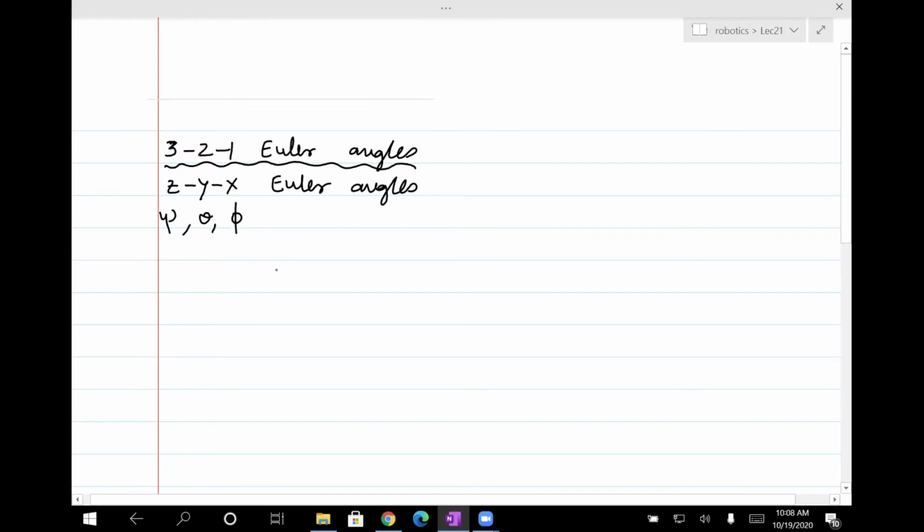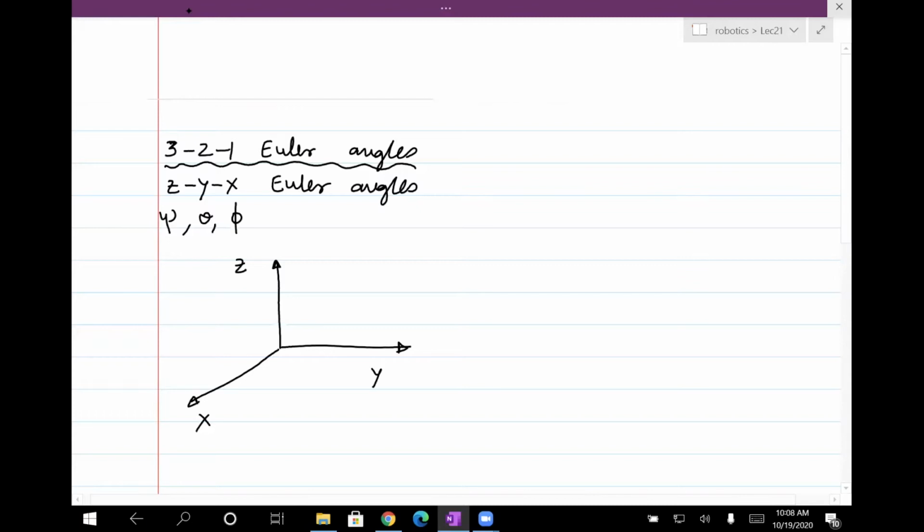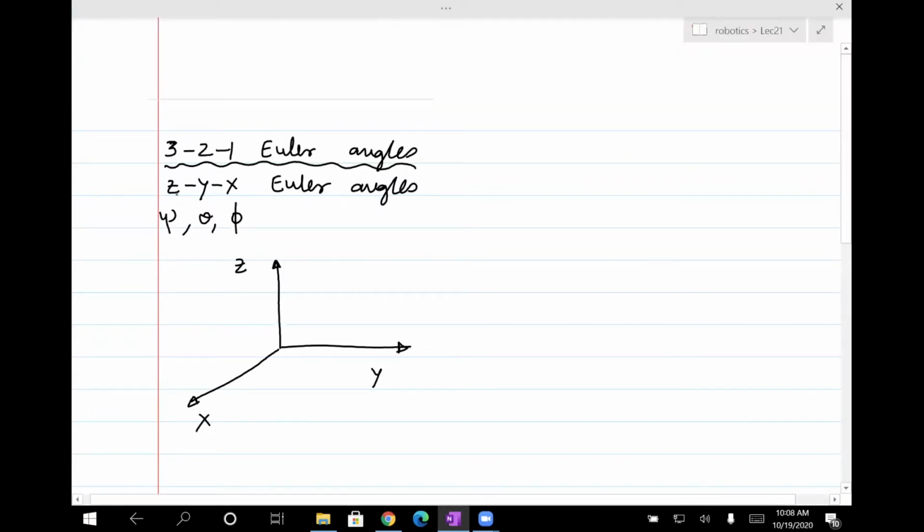So how does this go? Well, first let me show the coordinate frame. So x, y, and z. Next, I would rotate about the z-axis by an angle of psi. That rotation is always counterclockwise, as if you take your right hand and your thumb is along the z-axis, then the curled fingers give you the direction of the rotation, which is this way.